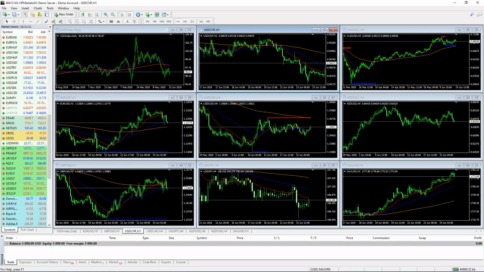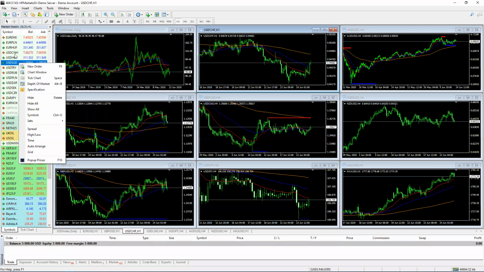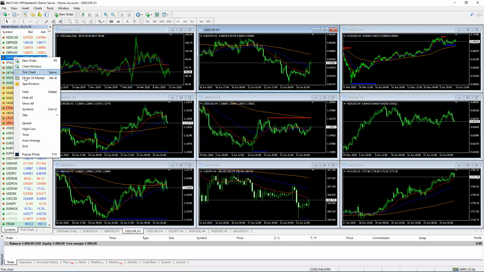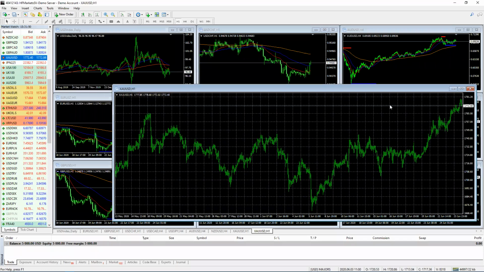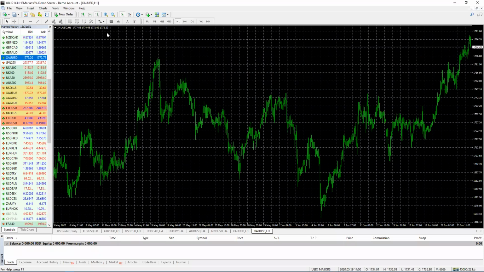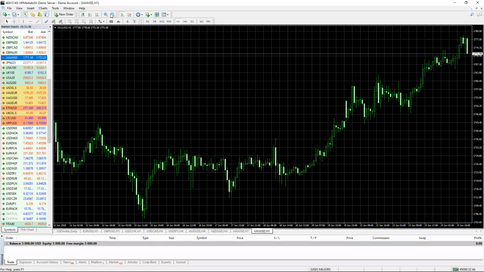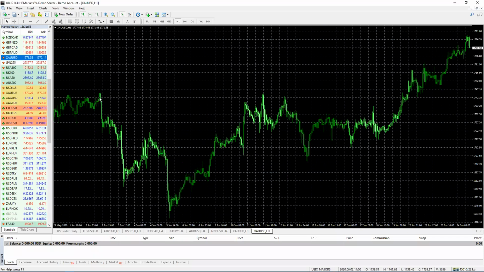Let's say nataka, let's take for example tunataka kuweka kwa which currency? Yeah, gold. New chart. Okay, chart window. Okay, so tunataka kuweka specific, tunataka kuweka moving average kwa this chart.